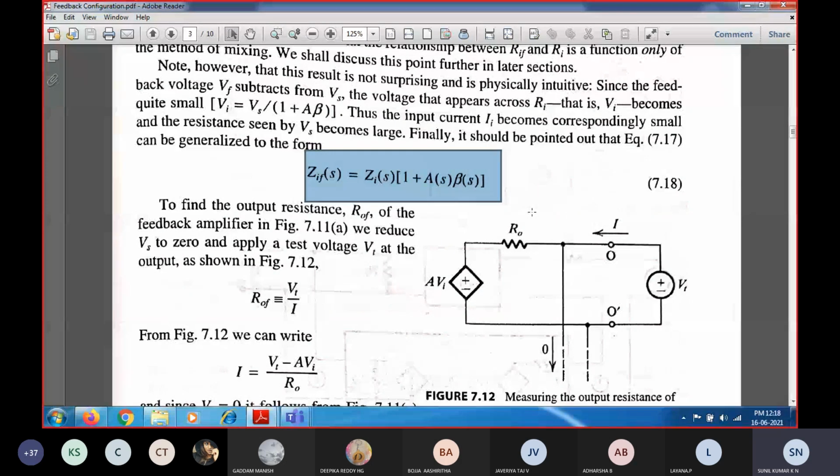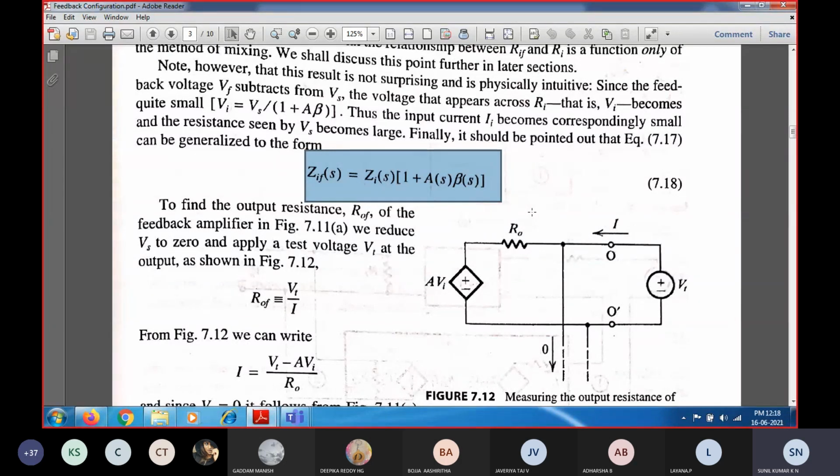In order to find the output resistance, what are we going to do? First, we set the signal voltage to 0. That means we remove the signal source voltage, short circuit the input side, so that the Vs term is equal to 0. Then we apply a test voltage Vt across the output terminal.